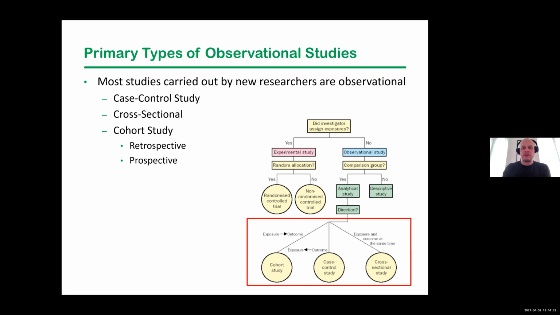In cohort studies, it's the other way around. You start with the exposures and you look forward to the outcomes. And the analysis and the conclusions from all of these study designs are different. When you come to us, we can help you figure out what analysis is most appropriate for each of these designs, and make sure that we're answering your research questions as best as possible.